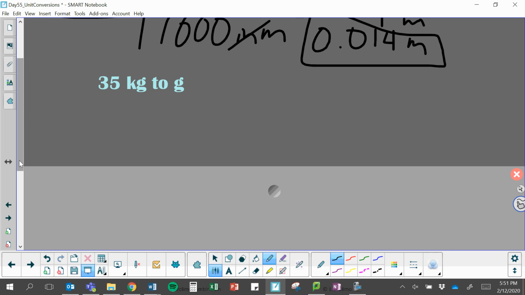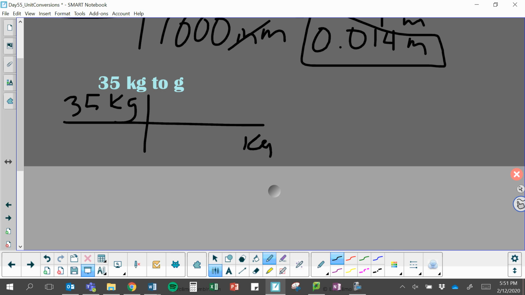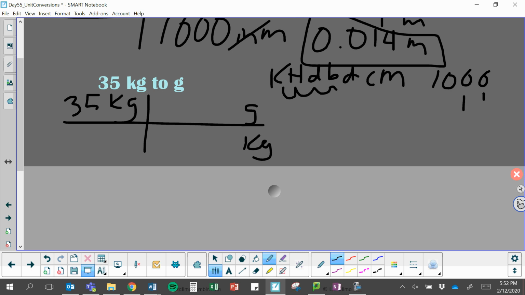Okay, so this one, 35 kilograms. And we're going to grams. So King Henry died badly drinking chocolate milk. We're going from kilograms to grams. So 1, 2, 3. So our 1 is going to be our bigger thing, and our 1,000 will be our smaller thing.